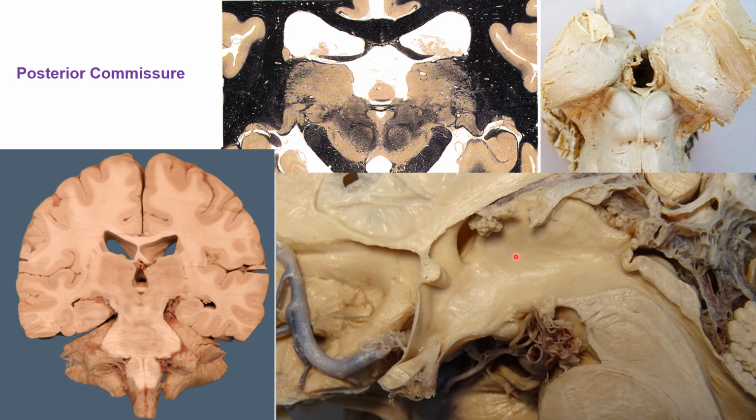Why? Because you can look over here and see, oh, here's my posterior commissure and my pineal gland. So it superimposes really nicely on cross-section. And then you can look over from the posterior view. So now if we're looking back at this area like so, we would see we have our quadrigeminal plate, and then right above it, we have our posterior commissure.